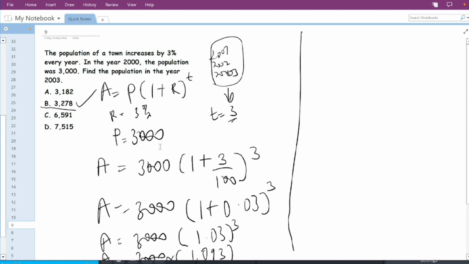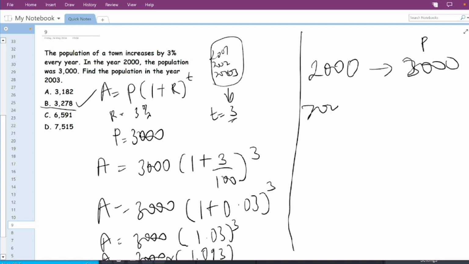Since it's increased at 3% every year, let's start from the initial year, which was the year 2000, when the population was 3,000. In the year 2001, the population increased by 3%.